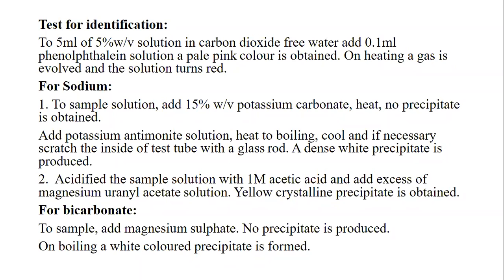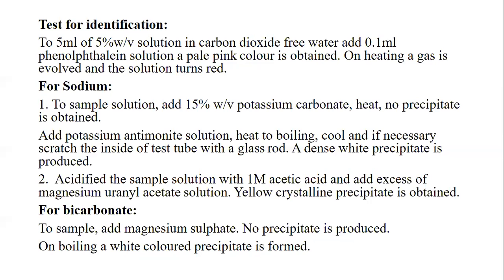The first test is to take 5 ml of 5% solution of your sodium bicarbonate in carbon dioxide free water. Now, why should it be carbon dioxide free? Because you don't want it to further react to form sodium carbonate. In this, add 0.1 ml of phenolphthalein solution.